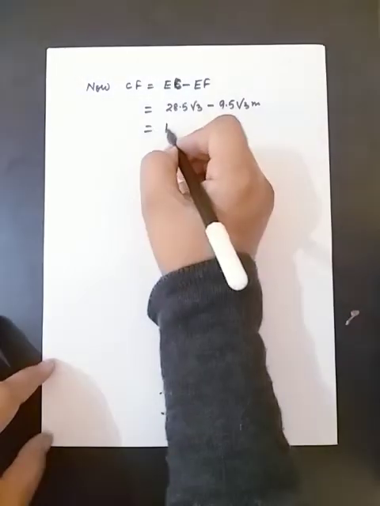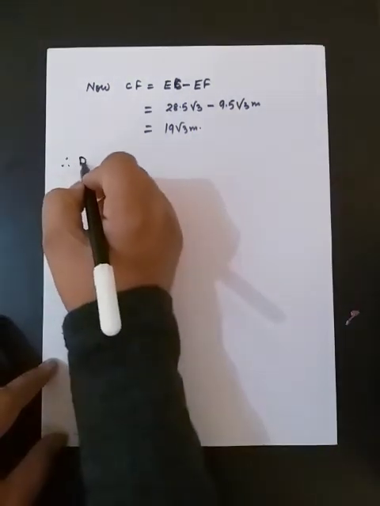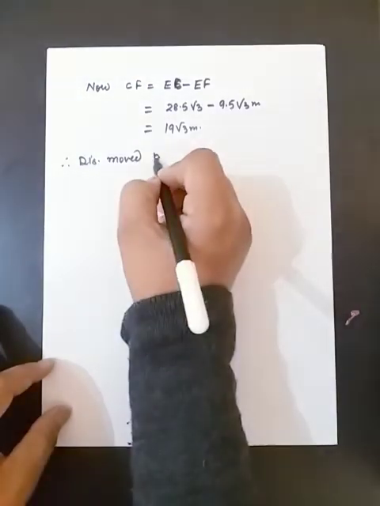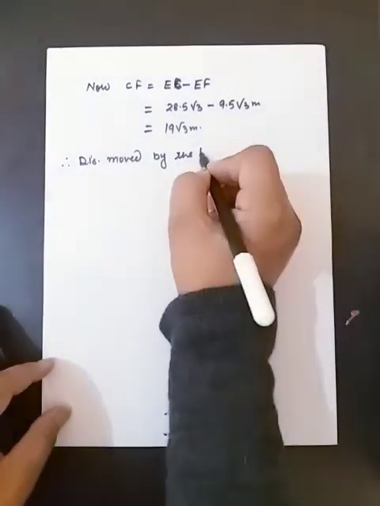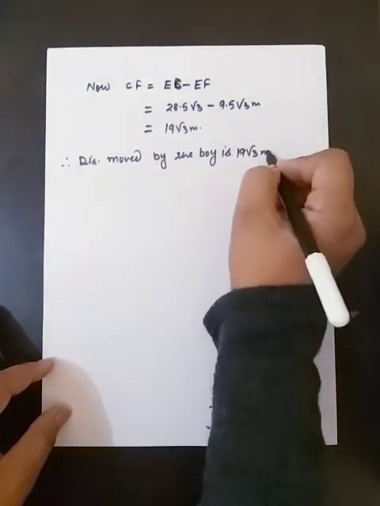So it will be 19 root 3 meter. So therefore distance moved by the boy is 19 root 3 meter.